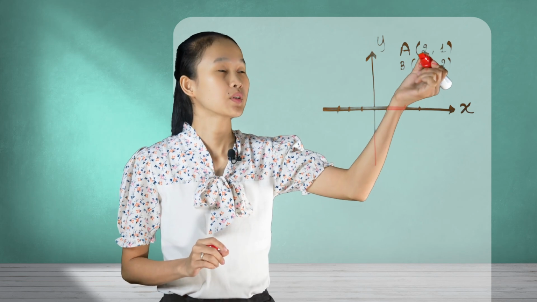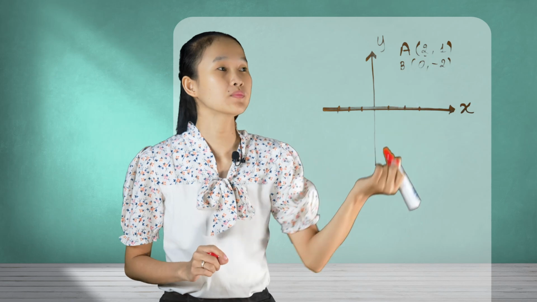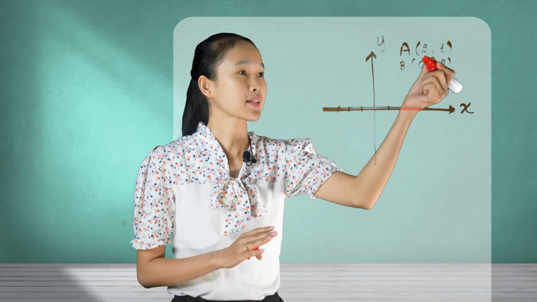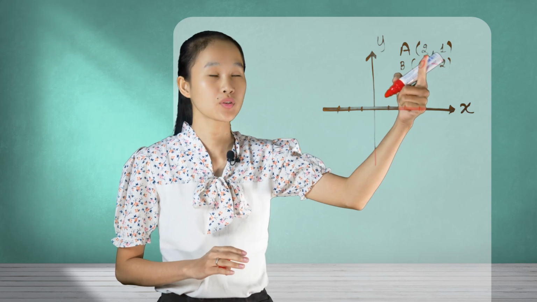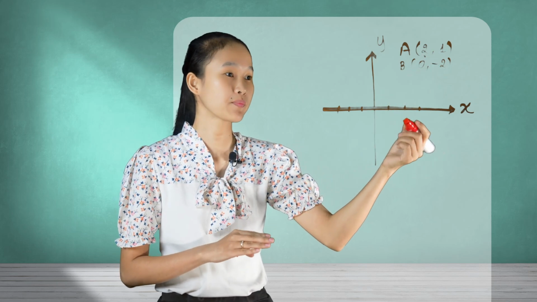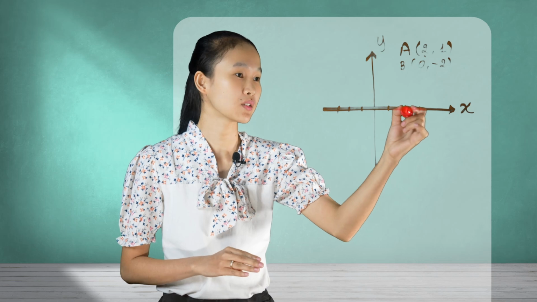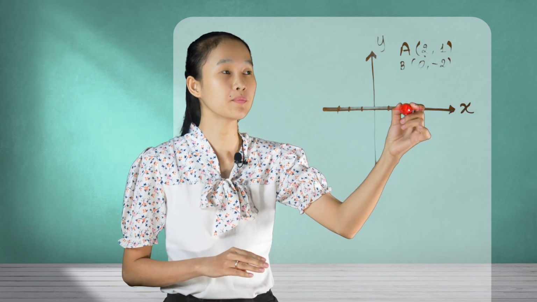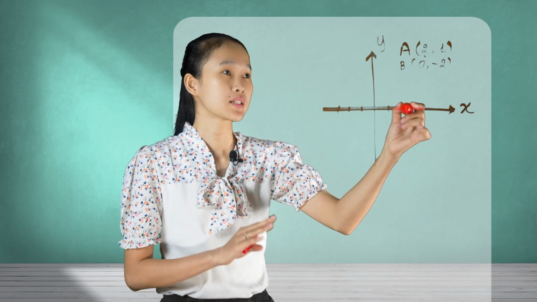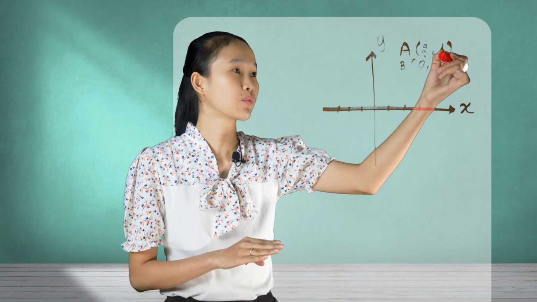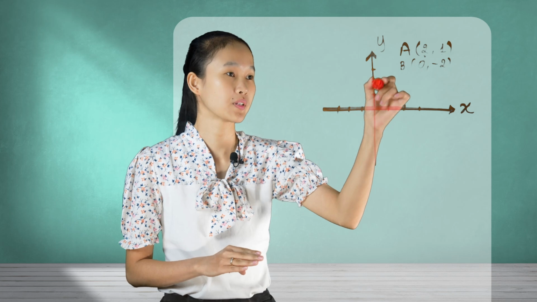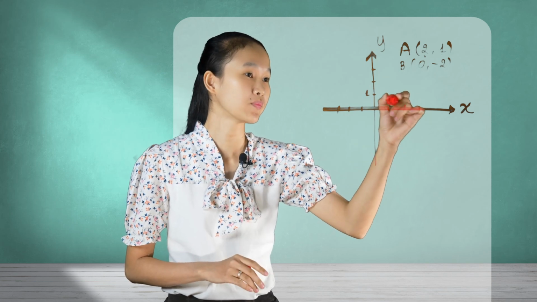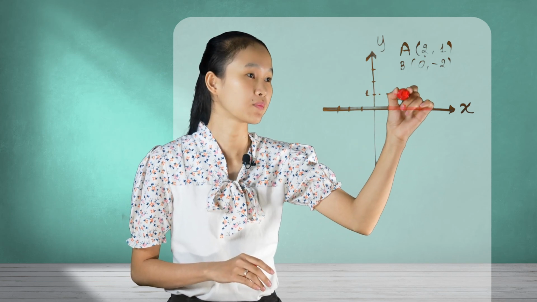First of all, note the x on the x-axis. For A, we have 2 on the x-axis, so it's going to be 1, 2. It's here. And then let's take a look at the y-axis. You have 1 for A, so let's move up 1, so it's going to be here.